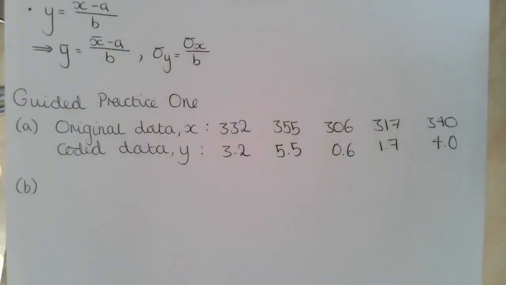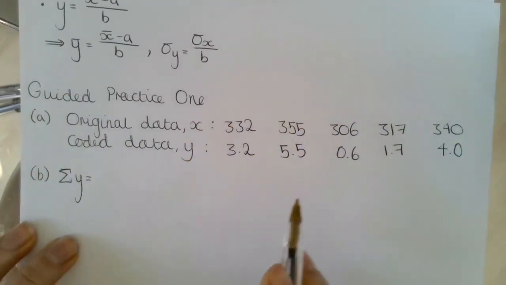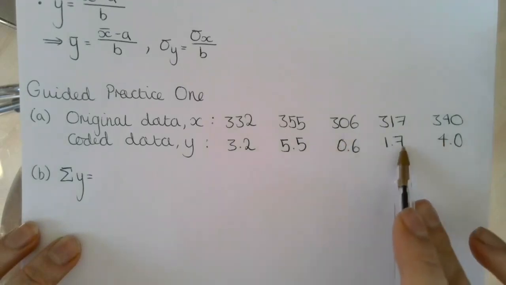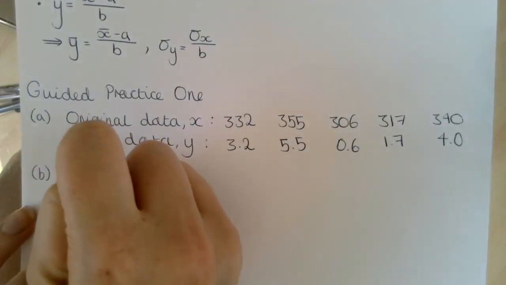For part B, we're asked to calculate the mean and standard deviation of the coded data. So the sum of our coded data, we just need to add each piece of data here in that bottom row. That is equal to 15.